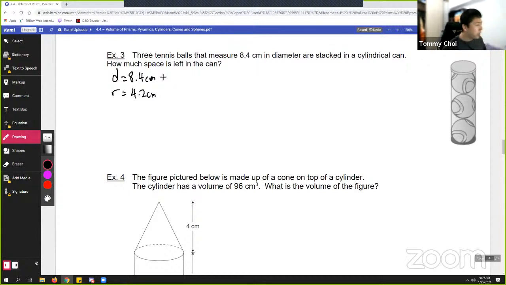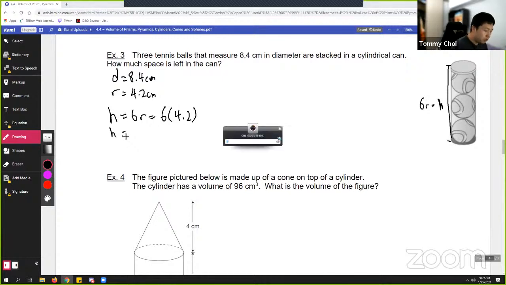So once you have the radius down, then we can figure out the height of the can. We've done this before, but since there are 3 balls, there are 6 radiuses for the height. So this height here is equal to 6r, 6 radiuses. So the height, which is equal to 6r, is just 6 times 4.2.